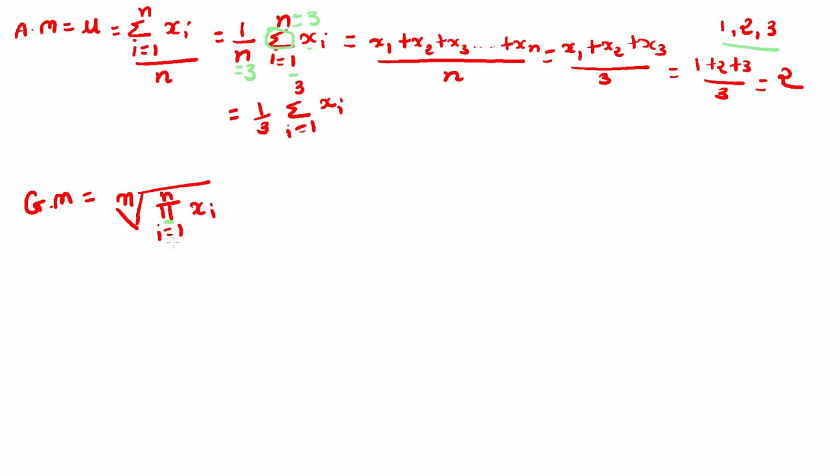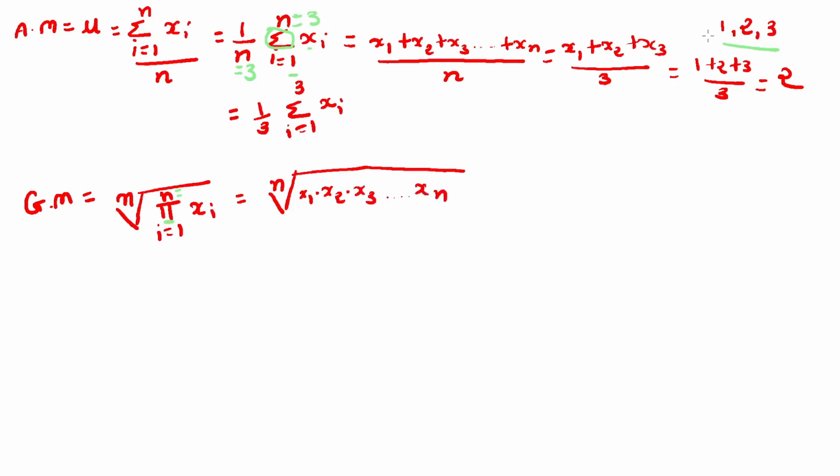Again i equal to 1 to n, it means i will take the value from 1 to n, where n will denote total counts or total number of data points. And if you want to expand this equation, it will become like this: x1 dot x2 dot x3 till xn.